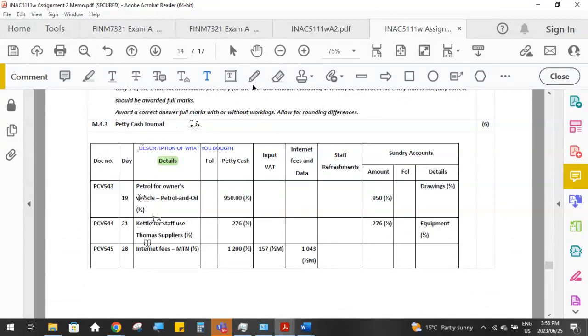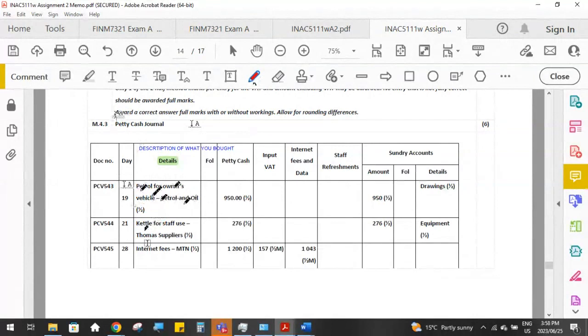So here we are going to write petrol for the owner's vehicle or petrol for gift. Okay, that's what we purchased. The second one was kettle for staff use. You can see they've put the name of the person that we purchased it from as well, but in most cases in the petty cash book, you don't even do that.